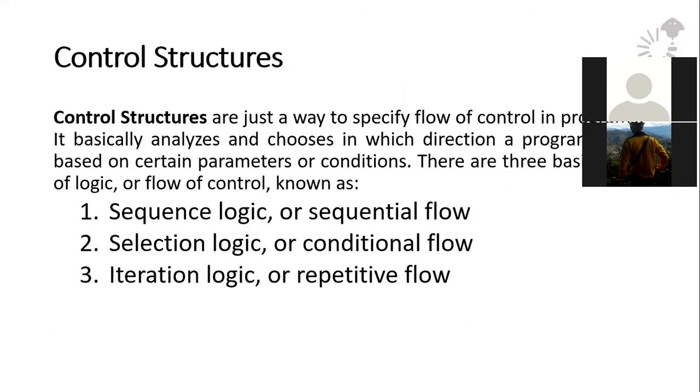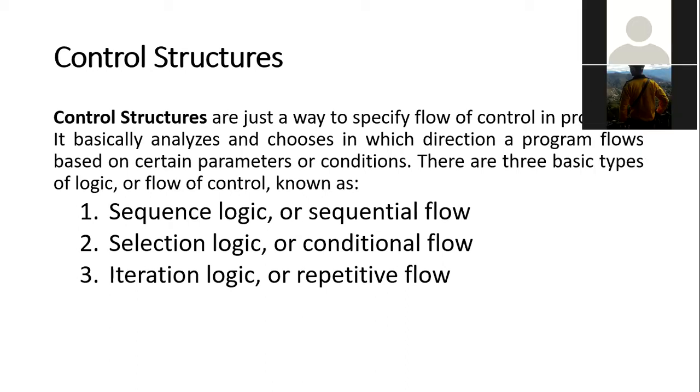When we say control structure, this is the specification of the flow of control in programs. It basically analyzes and chooses in which direction a program flows based on certain parameters and conditions. So your control structures define the direction of your program flow.